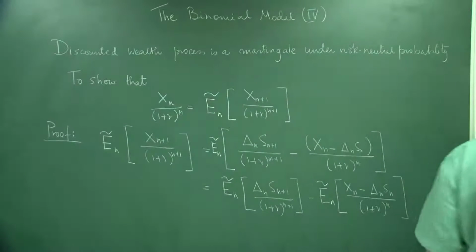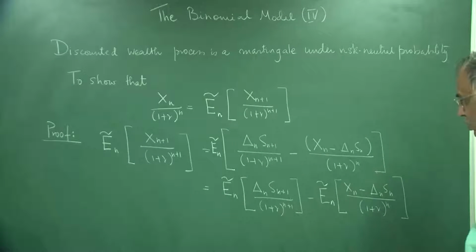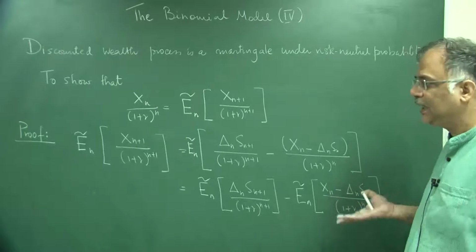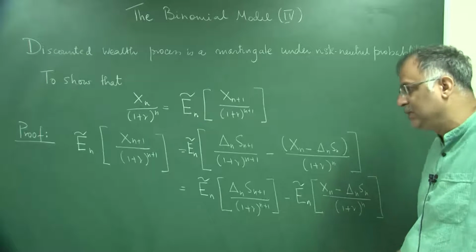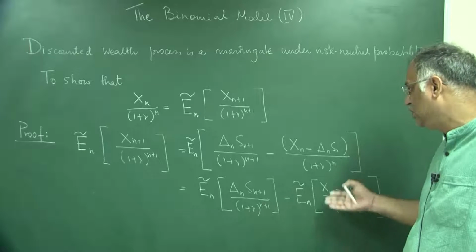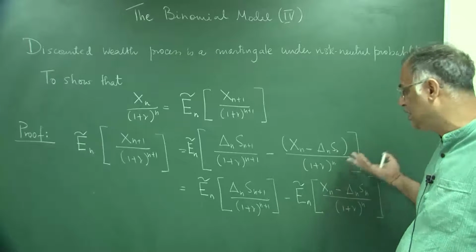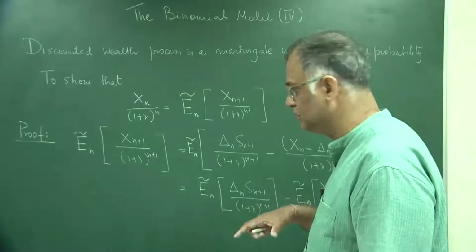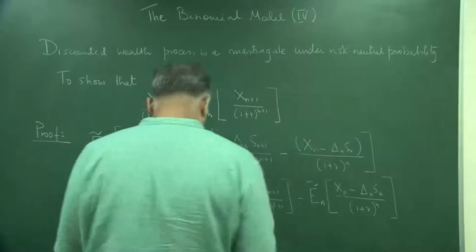Now, at time n, Xn is completely known, Sn is completely known. If I am starting at time n, I know the price at time n. So, I know what the portfolio is worth at time n. Whatever is known has to be taken out.